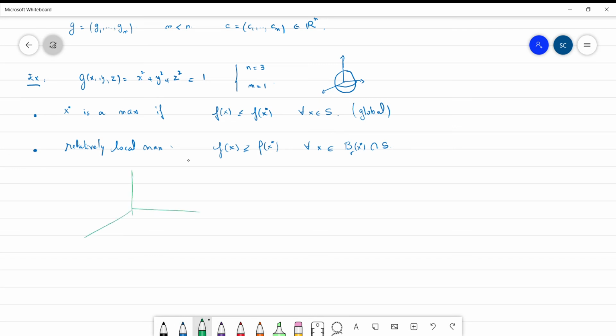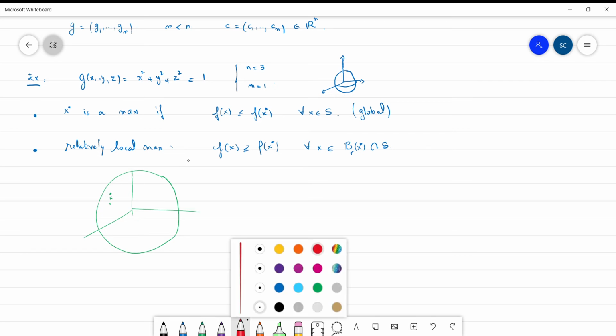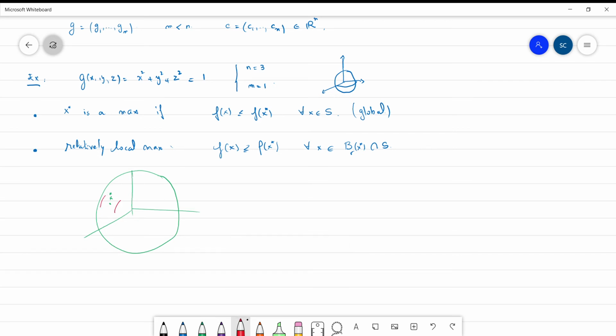I have a sphere, and if I have my x star, depending on my function, at this point I will have a local maximum. If you take the intersection with a small ball, we will get part of this surface, and we need to check this comparison just locally on this set.